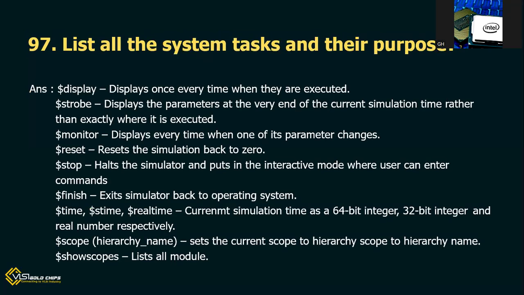So here you can see all the system tasks and their purposes. $display displays once every time when they are executed. $strobe displays the parameters at the very end of the current simulation time rather than exactly where it is executed. $monitor displays every time when one of its parameter changes.